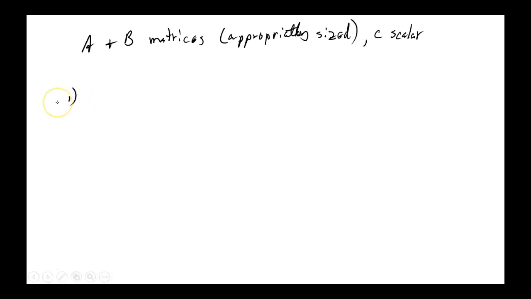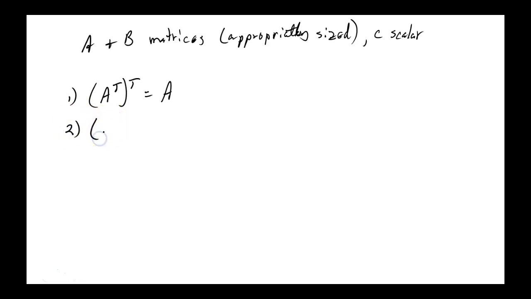1. Hopefully this will be sort of obvious. If you have A transpose and then you transpose it, guess what you wind up with? A. Yeah, perfect. The transpose of a transpose is itself. 2.